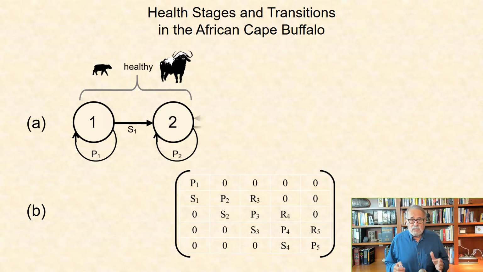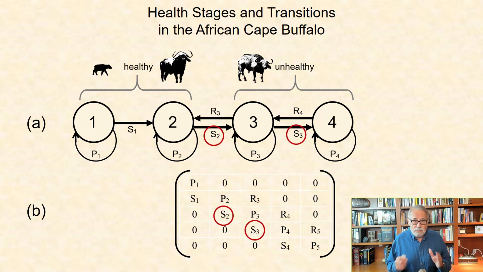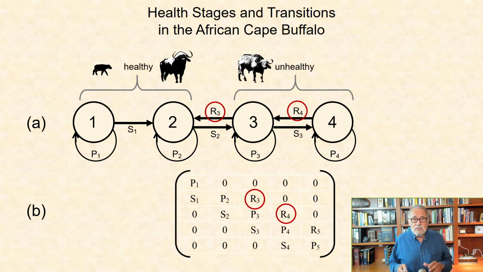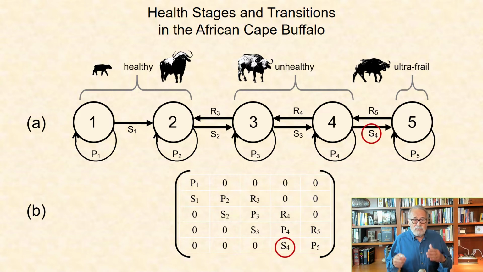This shows the next set of transitions to the subsequent stages. Note that stages 2 and 3 can transition to subsequent stages. They can remain in each of their respective stages, or they could revert back to less healthy stages. The individuals can either transition to the ultra-frail stage, they can stay in that stage if they're already in the stage, or they can revert back, at least in principle, to a slightly healthier stage.